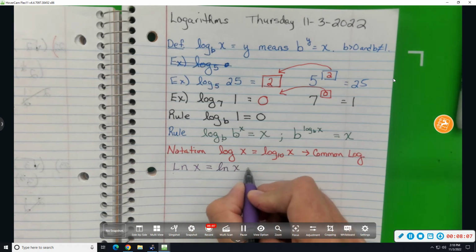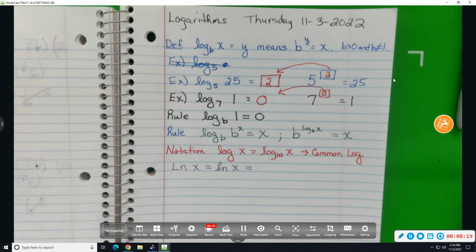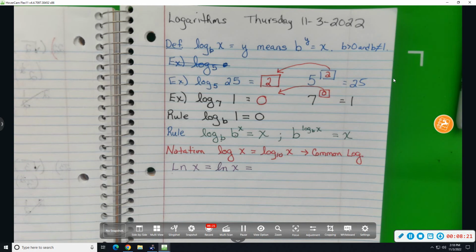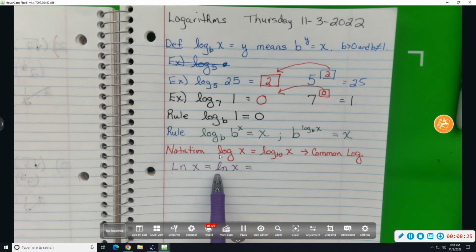You cannot imagine how many emails we get each semester, not just from college algebra classes, but from math for business classes and business calculus classes, any class that uses natural logarithms, and they want to know why they're getting counted wrong. They're typing in a capital I n.